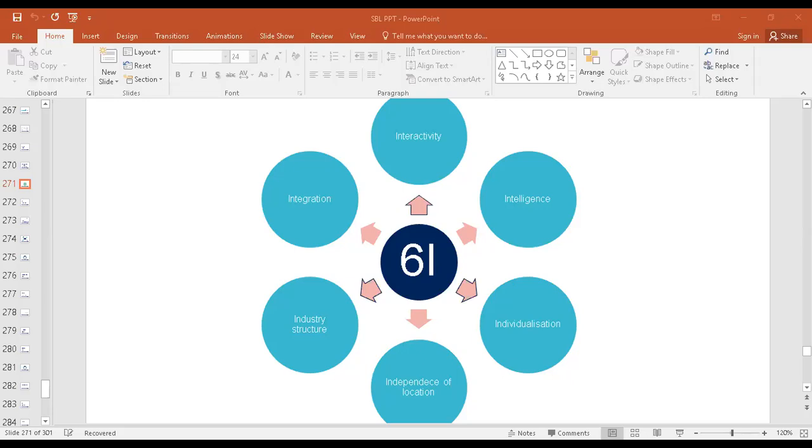After integration, we see industry structure. So if it is industry structure, we see the way things happen in every particular industry.